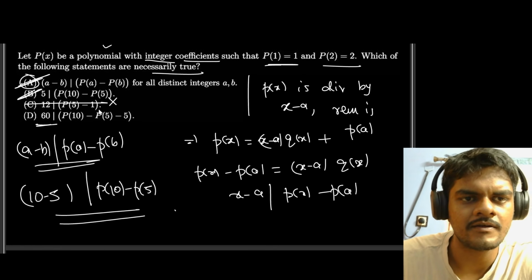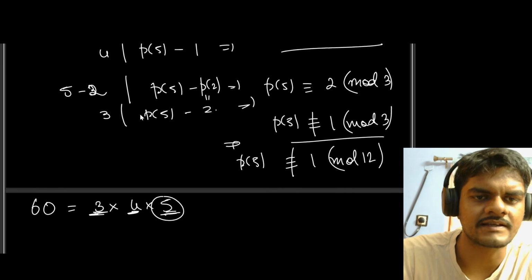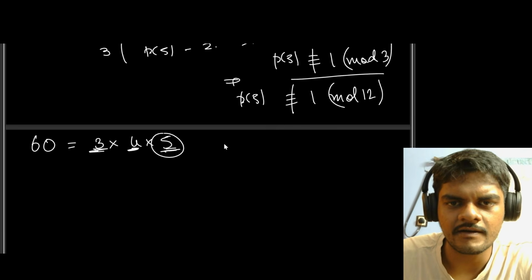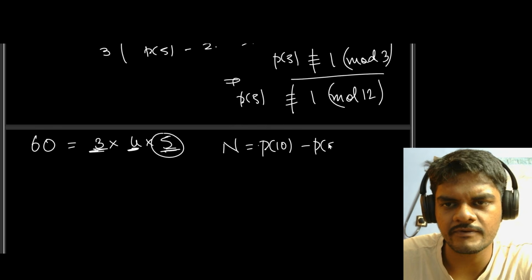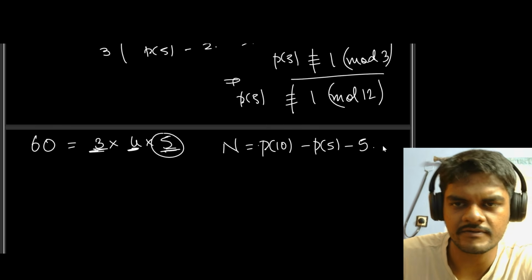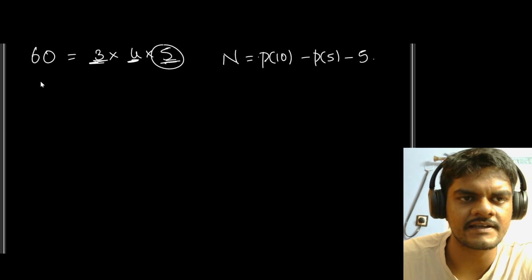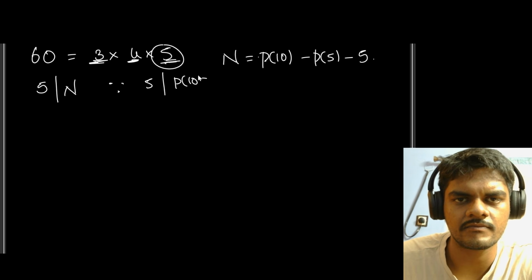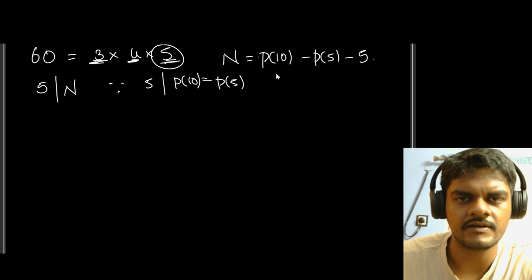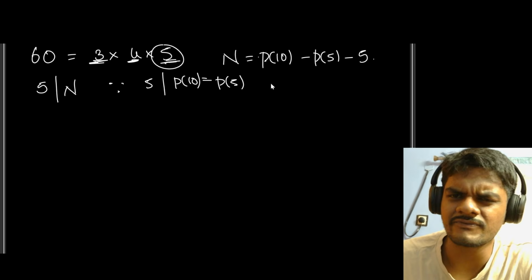Our term is p of 10 minus p of 5 minus 5. Obviously, 5 divides n, because 5 divides p of 10 minus p of 5. And that's good enough, right?